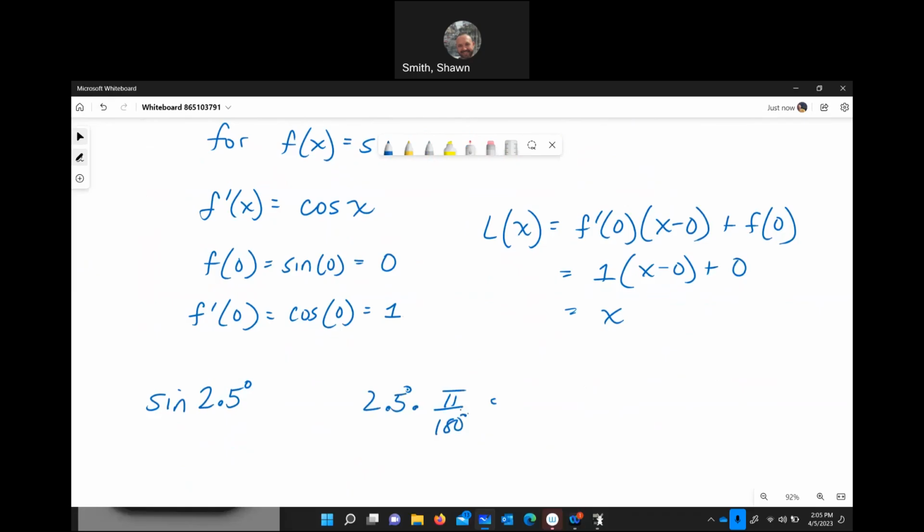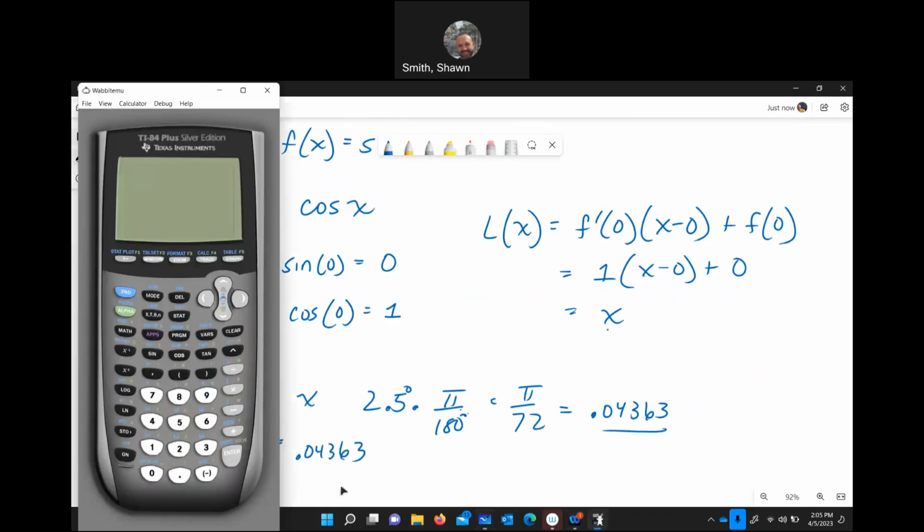You could do the arithmetic by hand if you wish, but this is pi over 72, which is 0.04363. So if the sine of 2.5 degrees is approximated by just x, it's going to be this right here, 0.04363.